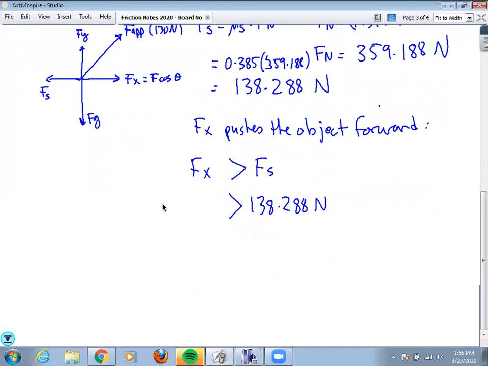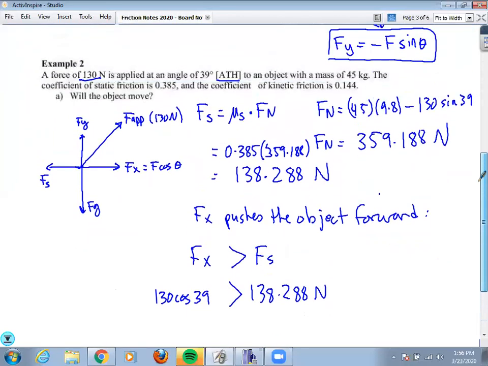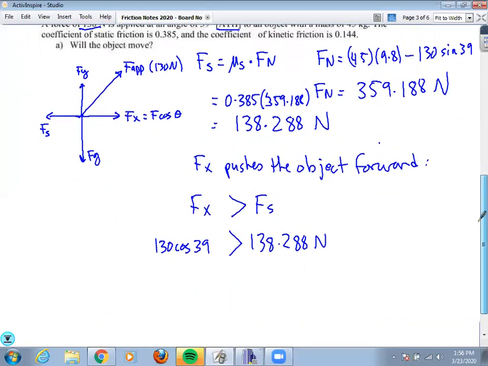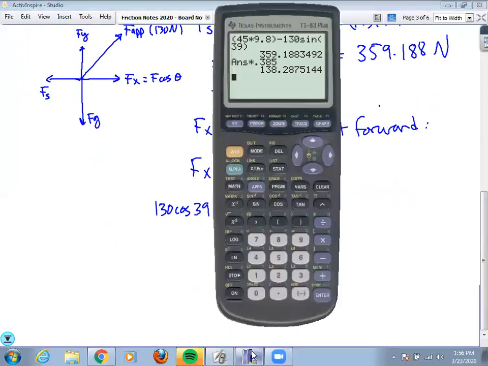So 130 cos 39. Clearly it's not going to be enough because 130 is already less than 138. But we'll still do the calculation. So 130 cos 39 is 101.03.